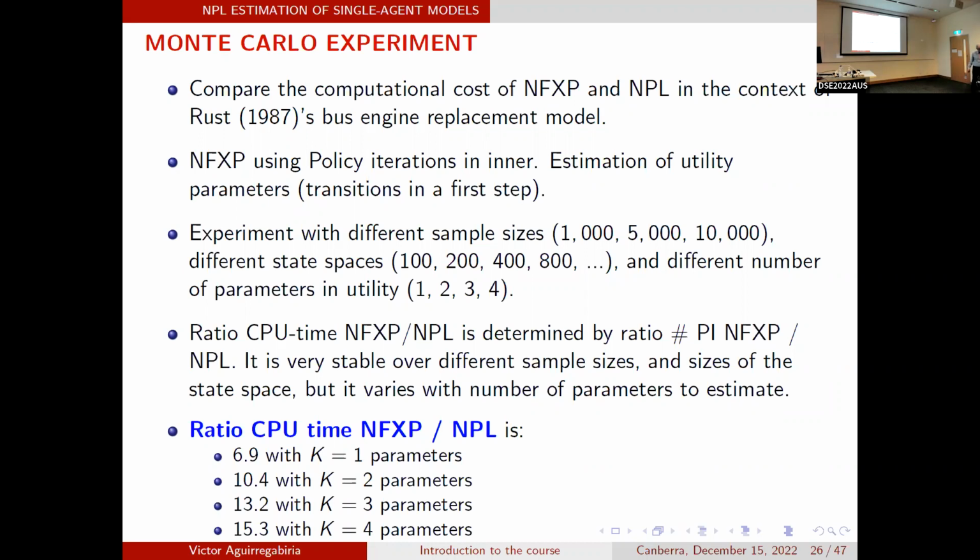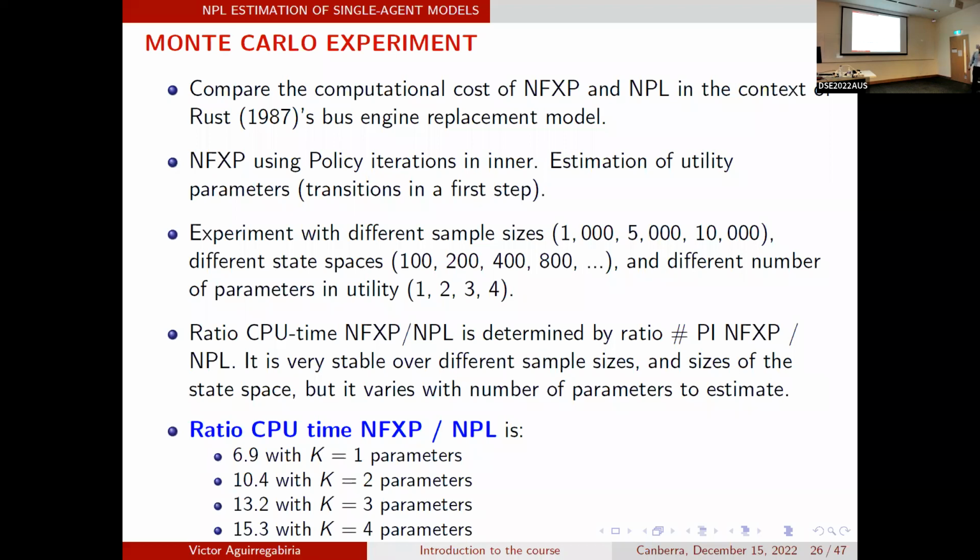To be more precise, we didn't estimate by full maximum likelihood the parameters in the transition probabilities of the state variables. We estimated them in a first step.